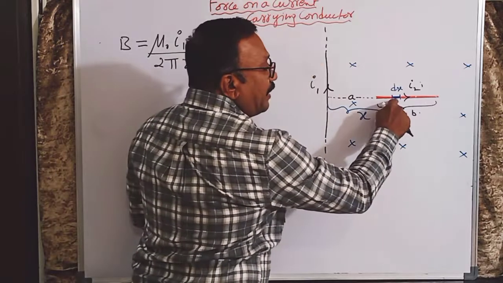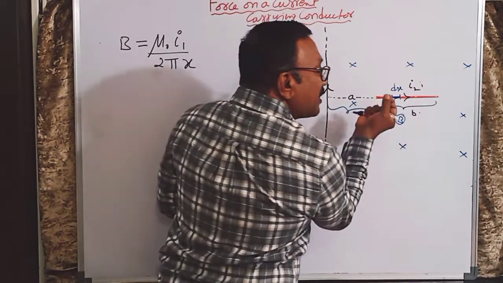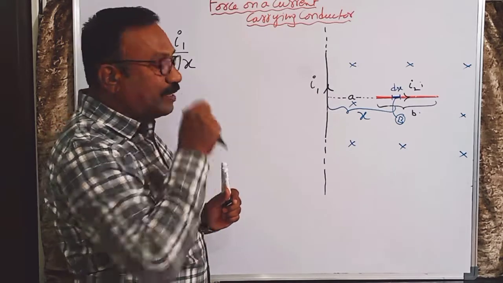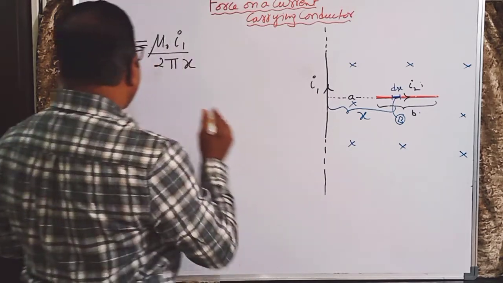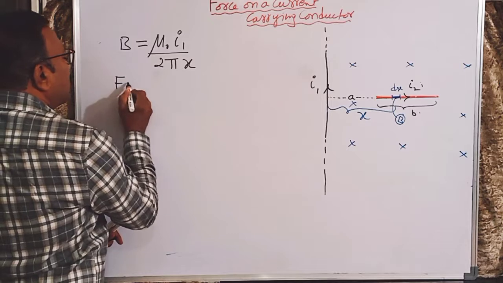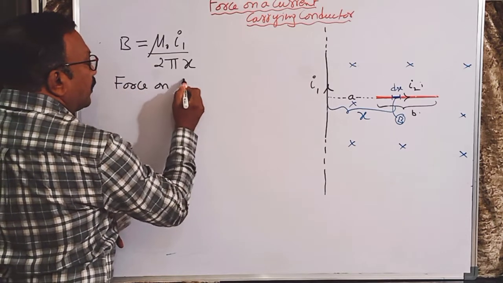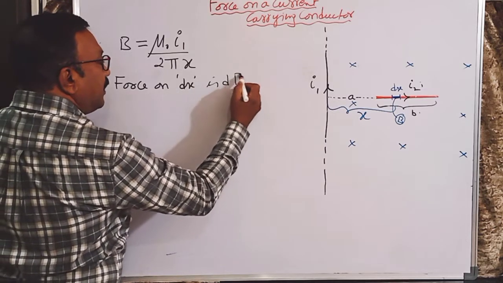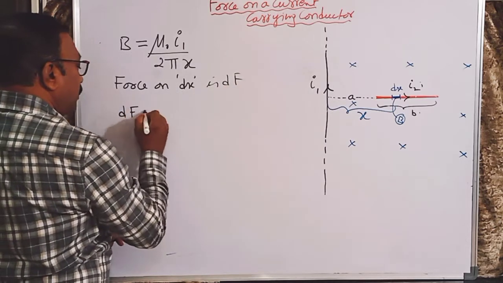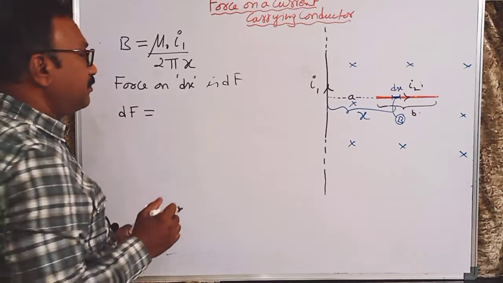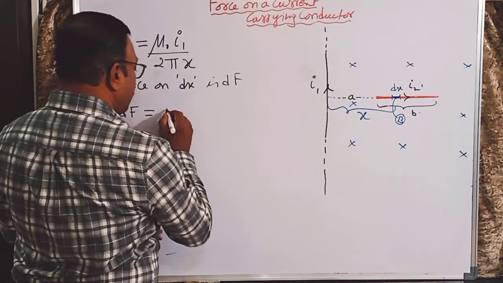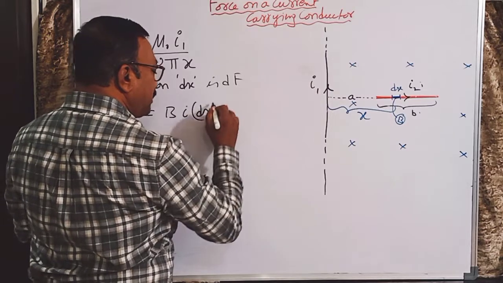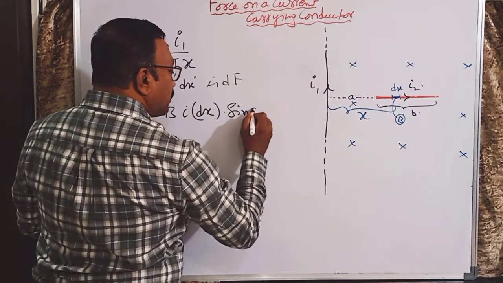In this magnetic field, this small segment dx is placed, and in that dx current is flowing. Therefore, the force on element dx is dF equals BIL sin 90, B, I in the conductor, L means dx, sin 90.